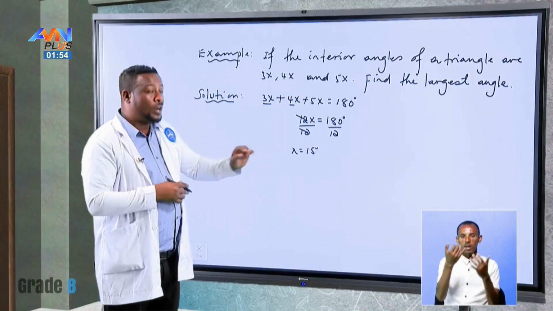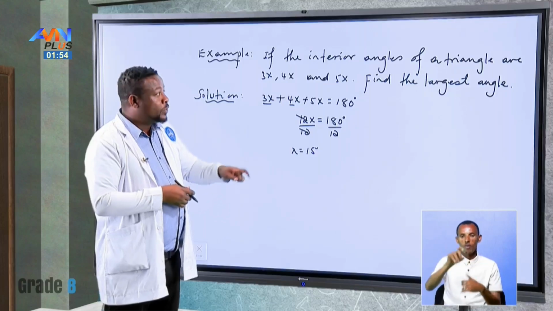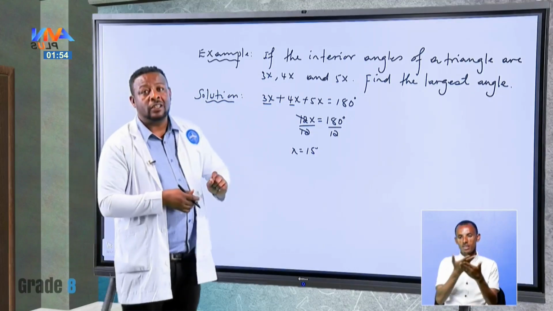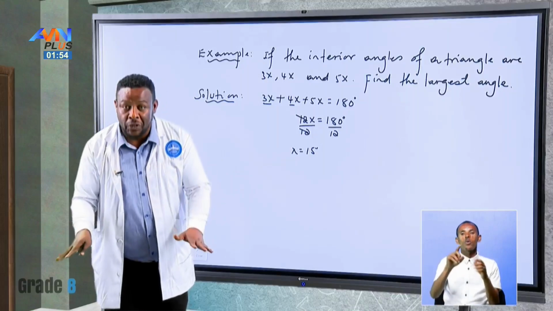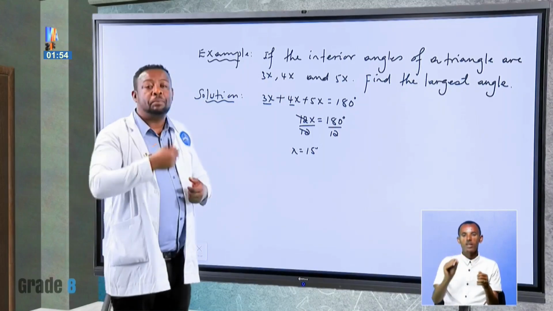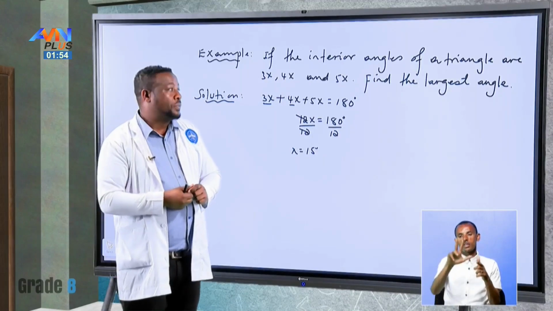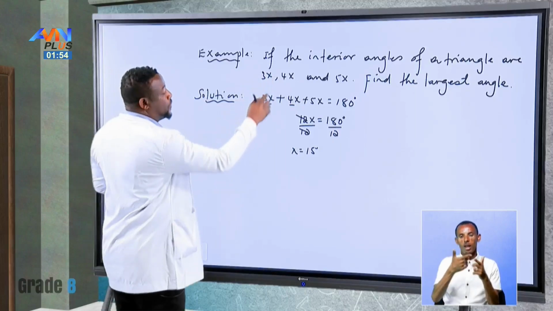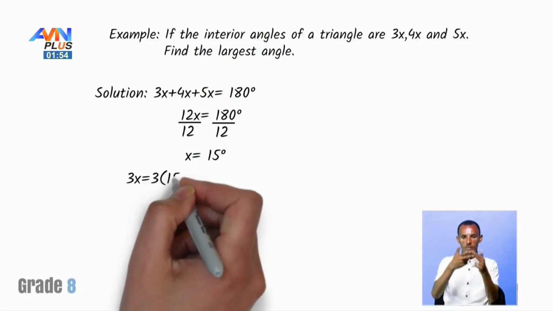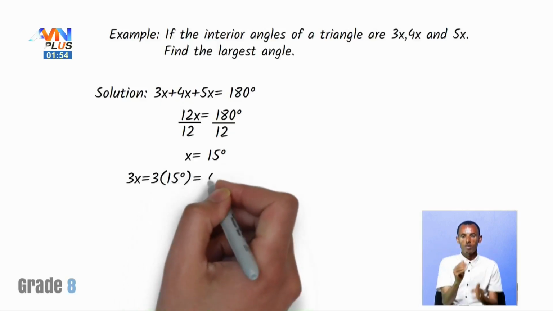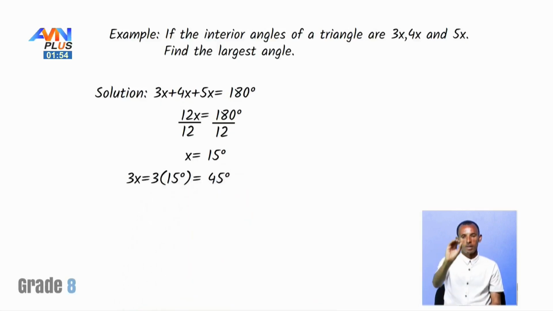Now we have the value of x. The next thing, to find the largest angle, you need to substitute the value of x and list out all three angles. Then you can pick the largest of the three, right? So one of the angles is 3x, okay? 3x means 3 times 15 degrees, which is 45 degrees.